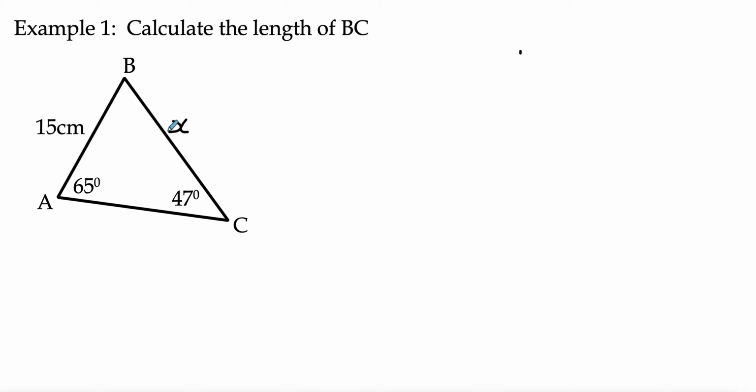We've got some information, and you'll notice that we've got A, B and C as our vertices, so we're going to write out the sine rule in terms of A, B and C. So we've got a over sine A is equal to b over sine B is equal to c over sine capital C.